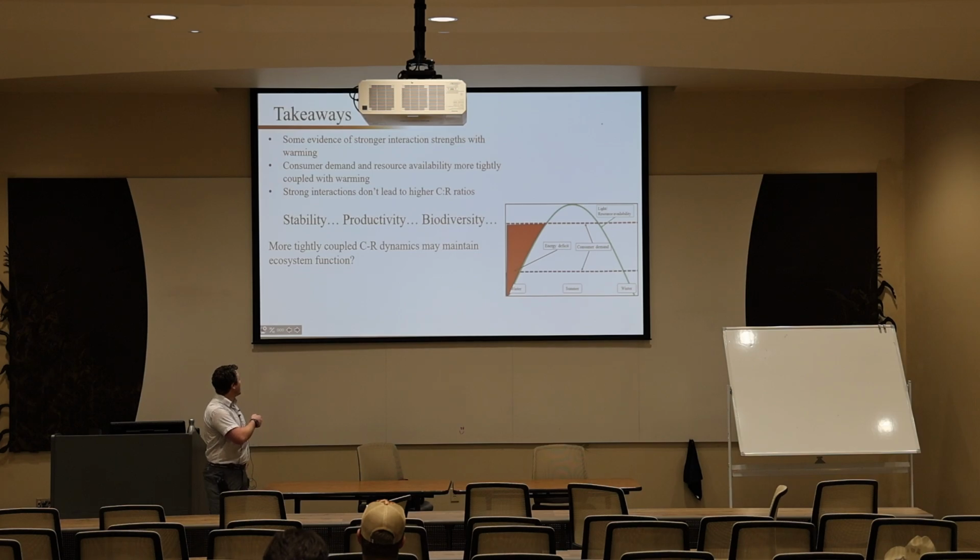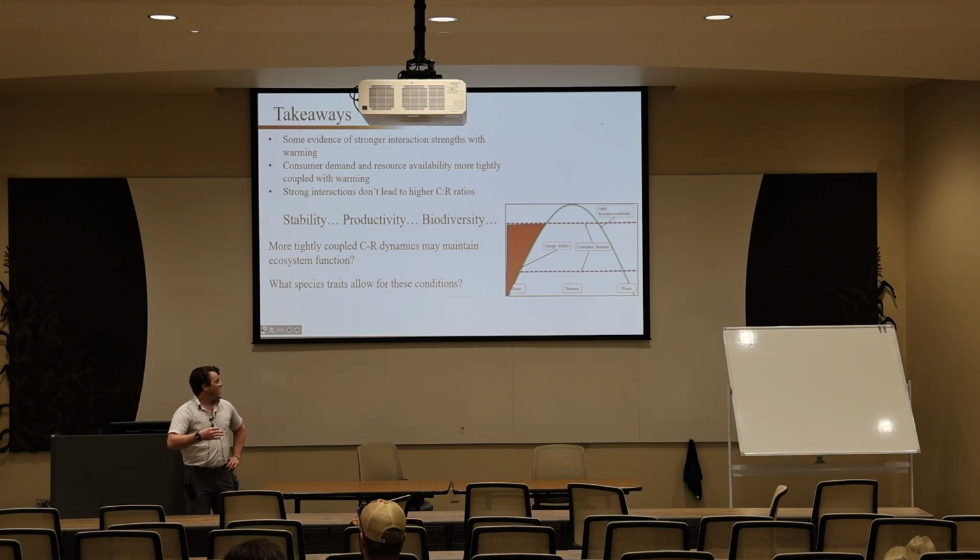I'm thinking that this tighter coupling of consumer resource dynamics might be a way that systems maintain ecosystem function in the face of really dynamic resource availability. And thinking about what species traits might allow these conditions of high ecosystem function and highly variable resource availability, especially at warmer temperatures. And then can we see the imprint of the selective pressures that this leaves on these communities, right?